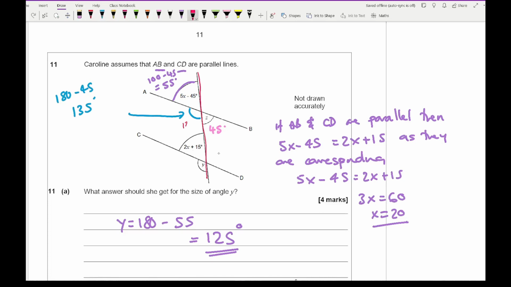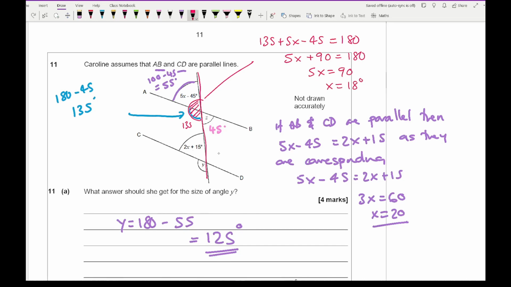So if this angle here is 135, then these two angles must add up to 180. So then 135 plus 5x minus 45 equals 180. So then simplifying all of this, I get 5x plus 90 equals 180. So 5x equals 90. So x equals 18 degrees.